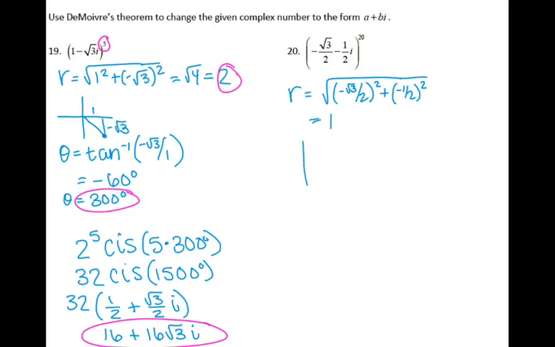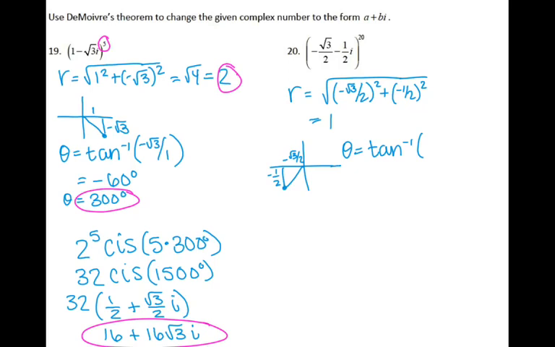Alright, let's find the angle. So my angle is negative, negative, so that puts me over here. So negative root 3 over 2, negative 1/2. Inverse tangent. I'm going to guess and say 210 degrees in the end. But let's see.